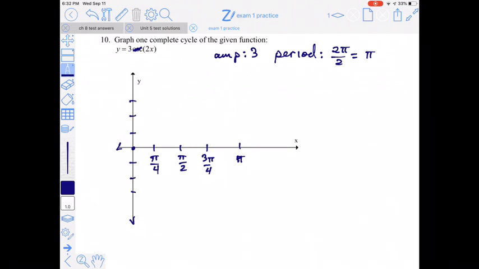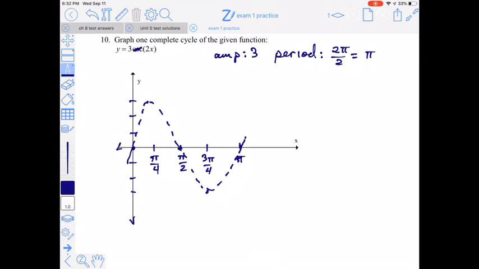And then draw your sine graph, but I'm going to do it with a dotted line since this is not really a sine function, it's really a cosecant function. First do the asymptotes.